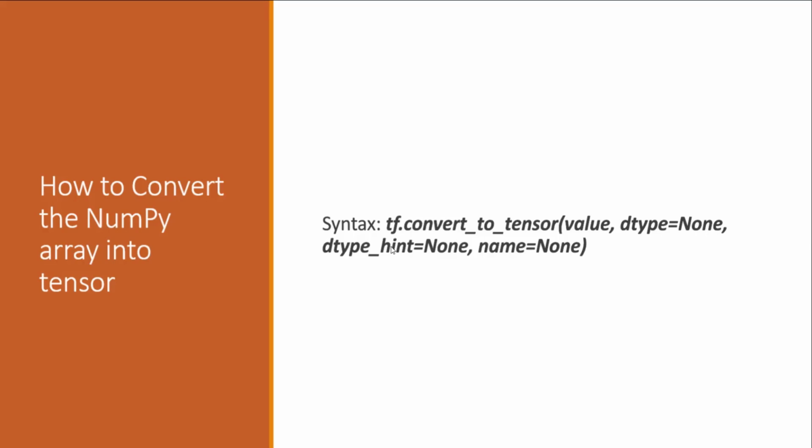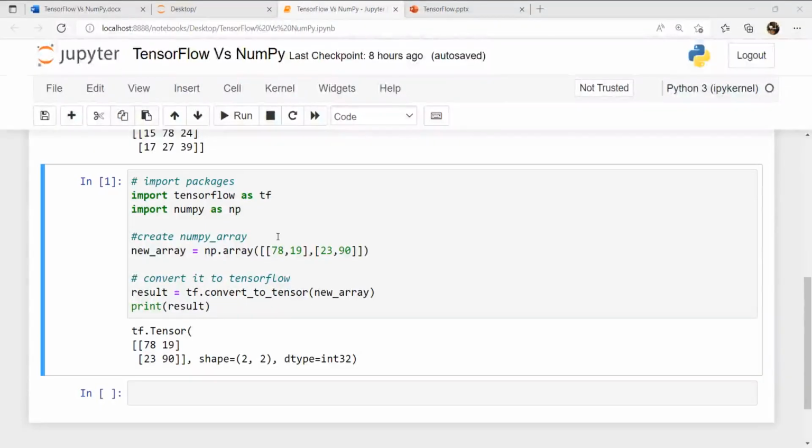Now we will take an example and understand how to convert the NumPy array into a tensor by using the tf.convert_to_tensor method. In this example, first I have imported the TensorFlow library, and after that I have imported the NumPy library with the alias name np. After that I have created a NumPy array by using the np.array function, and within this function I have assigned the integer values in the form of a list.